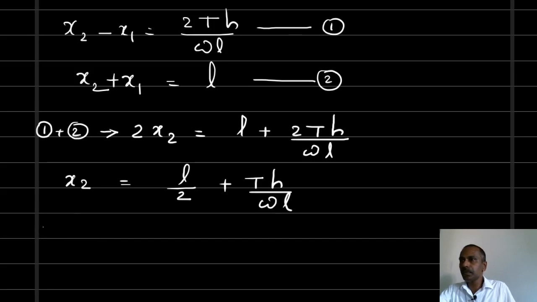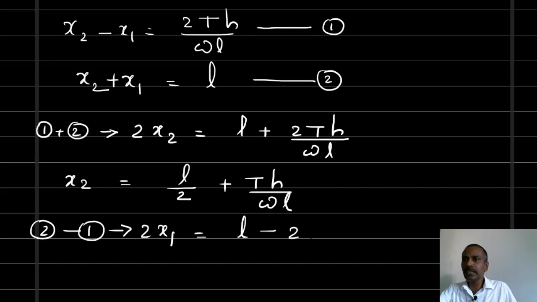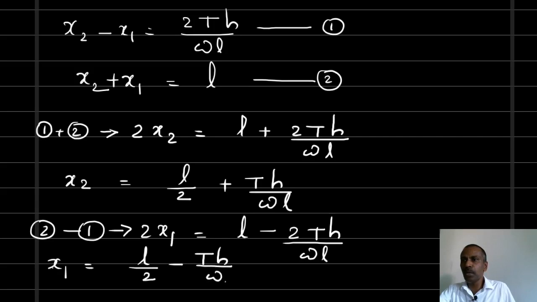Similarly, 2 minus 1 gives 2x1. This is equal to L minus 2Th divided by WL, or x1 is equal to L by 2 minus Th by WL.